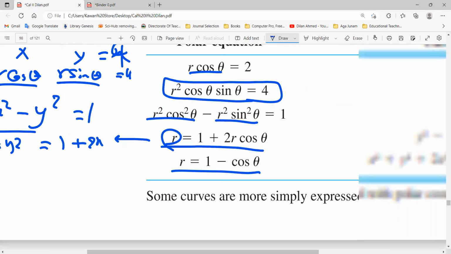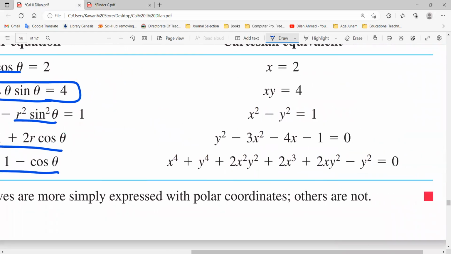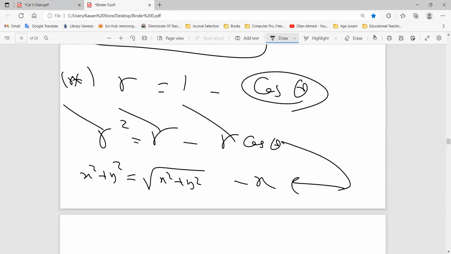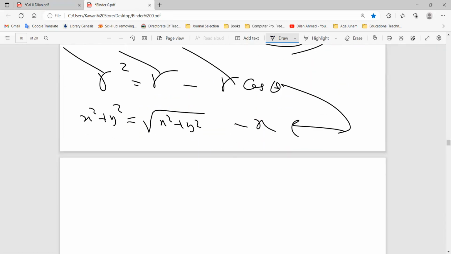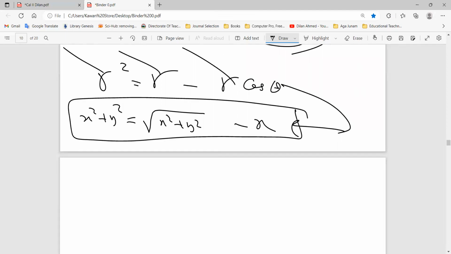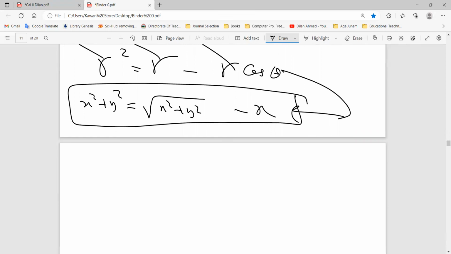Maybe you say that one is not equal to our answer. Do you know why? Because we should remove this square root. So how do I remove that square root?